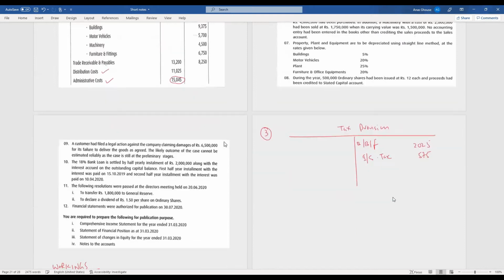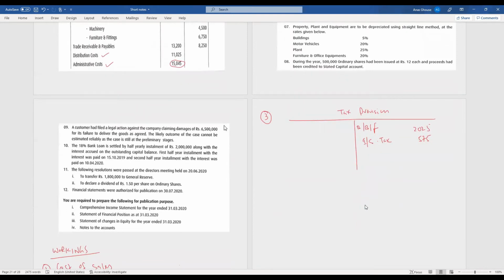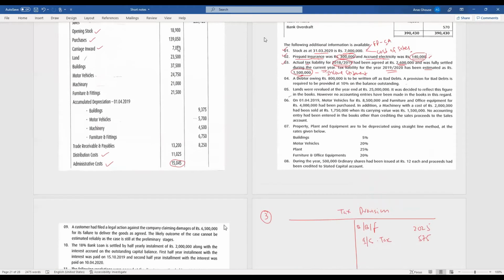Okay, so if you take the tax expenses that is to be charged to the income statement, this is the tax expenses to be shown in the financial statement, income statement. You can say under provision 575. Okay, so what is the current year tax?